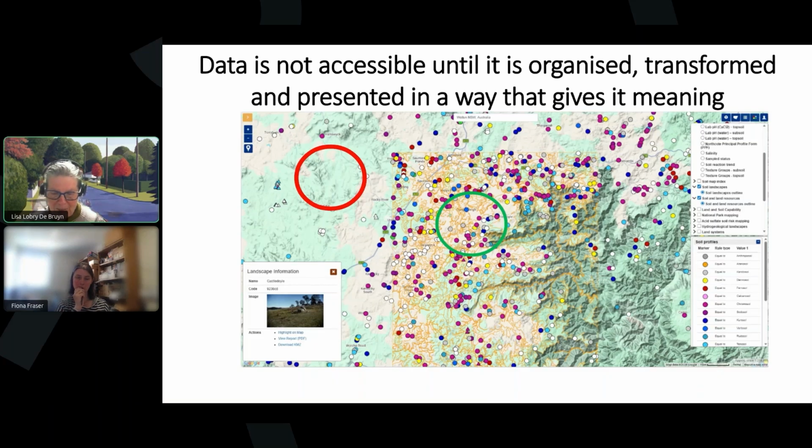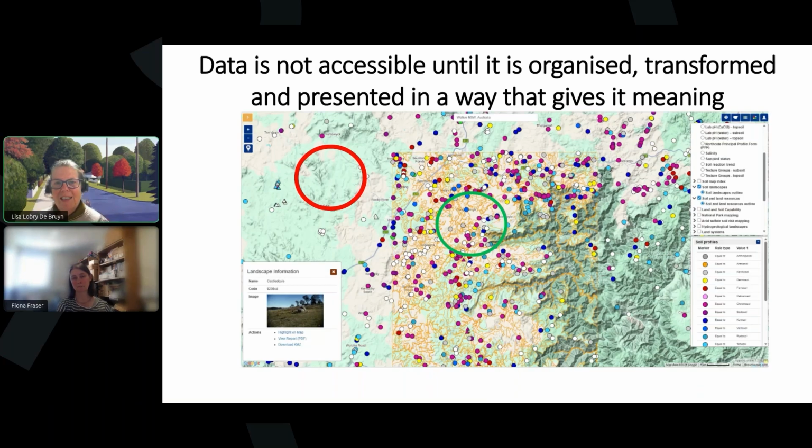And we have to consider what makes information accessible in terms of language, the digital literacy of the audience, the relevance, and the coverage. We tend to focus on data being more findable, accessible, interoperable, and reusable. That's just about the data, but not in terms of the products we produce for the different audiences we have.